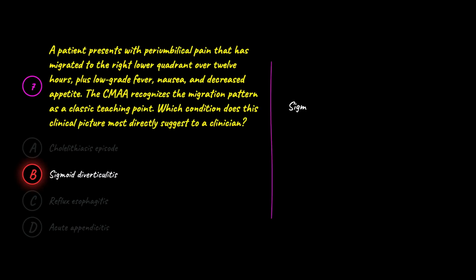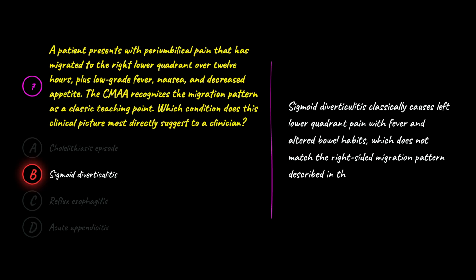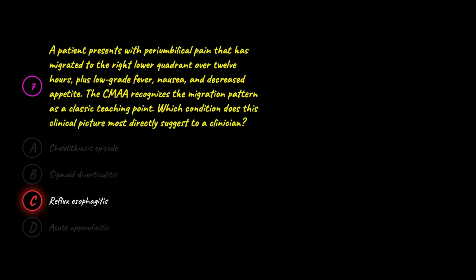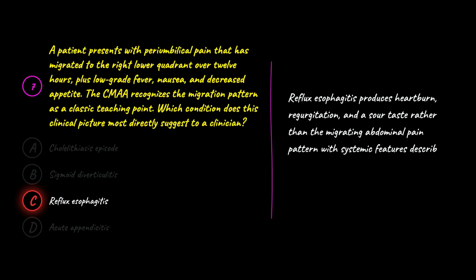B is wrong because sigmoid diverticulitis classically causes left lower quadrant pain with fever and altered bowel habits, which does not match the right-sided migration pattern described in this patient's clinical presentation. C is wrong because reflux esophagitis produces heartburn, regurgitation, and a sour taste rather than the migrating abdominal pain pattern with systemic features described here, and surgical referral is not the typical pathway.